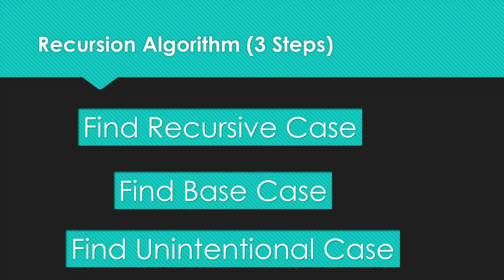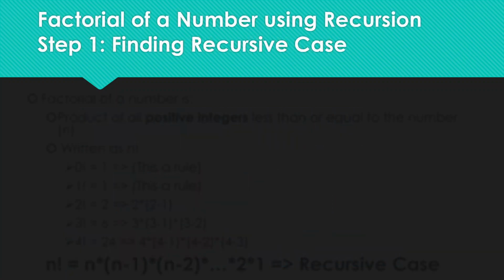So for those unintentional cases, we can use an if statement. If nesting dolls is less than or equal to 0, then we want to print and say the Russian doll must be 1 or more, something like that. So those are the unintentional cases.